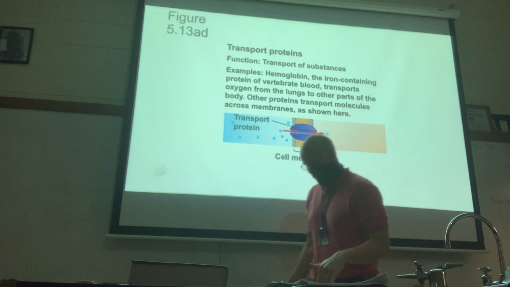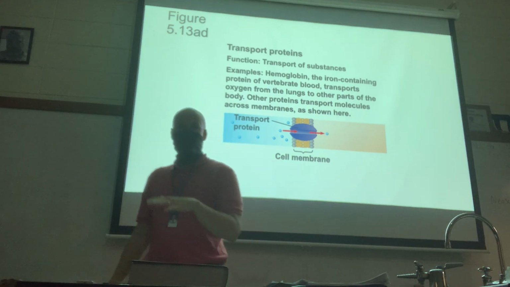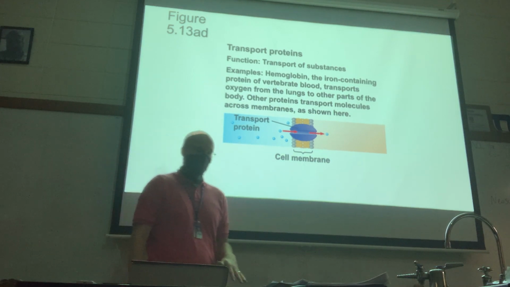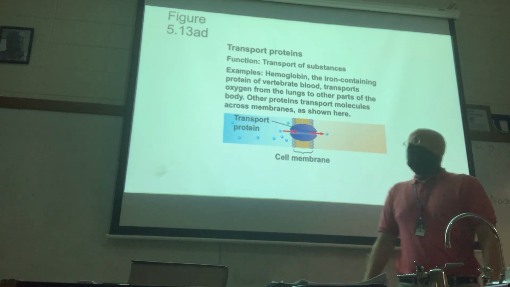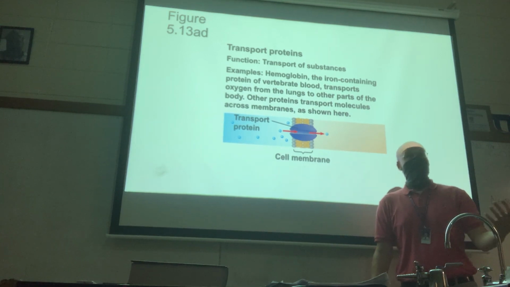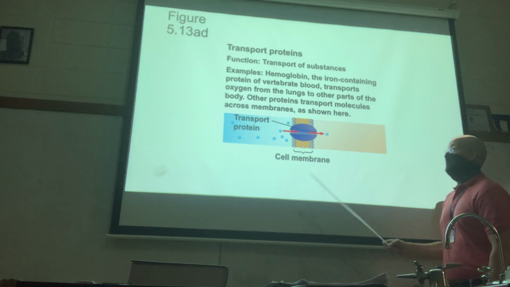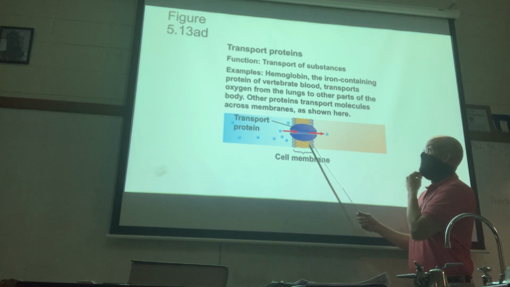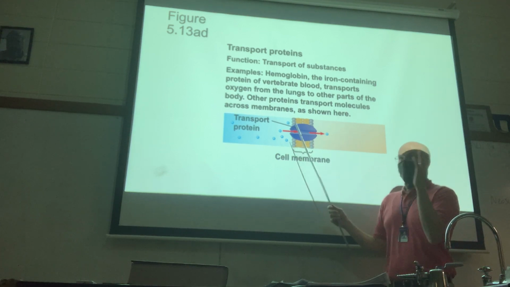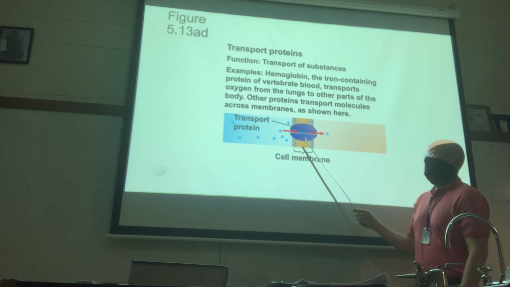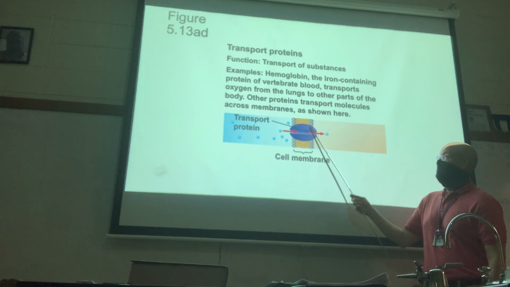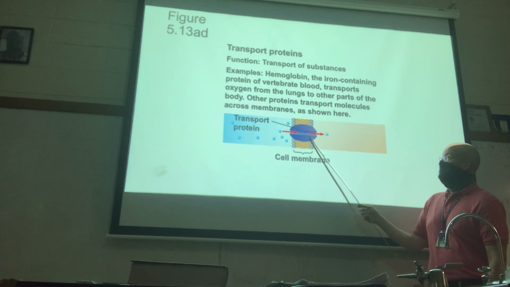No specific example needs to be memorized. All right? There are actually a lot of ways that this transport can happen, and one very common way that we will talk about a lot in the future are what we call transport proteins.